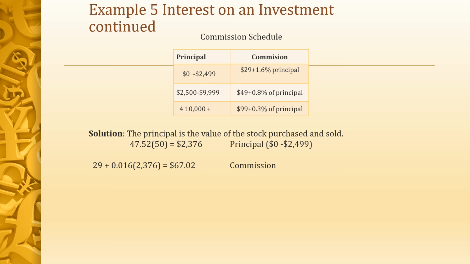So $29 plus 1.6%, which is 0.016 of the amount he has spent, 2,372 of the principal. So that will be the commission. The commission along with the principal amount will be the total investment, and the total investment for you will be 2,443.02.